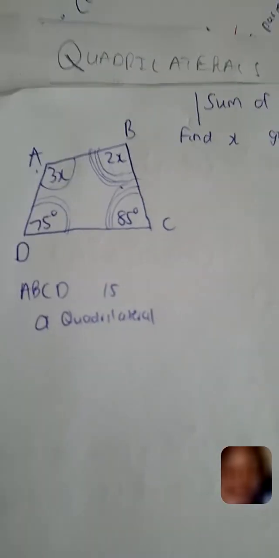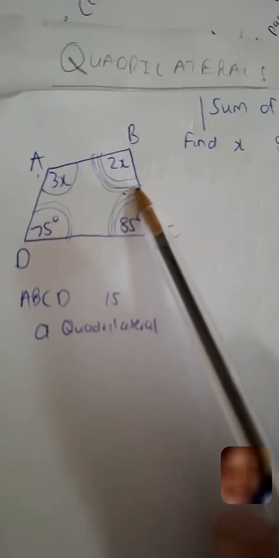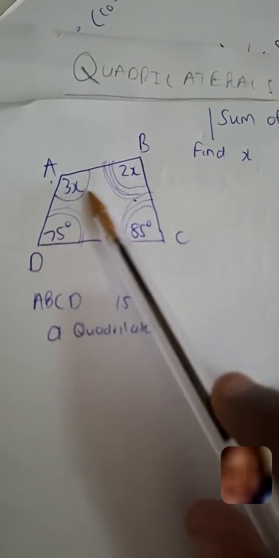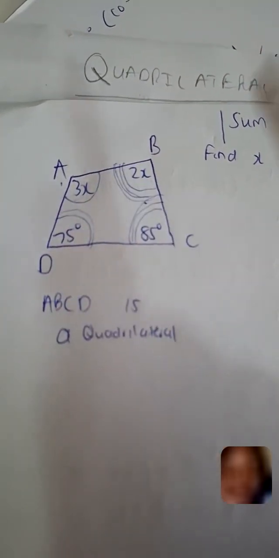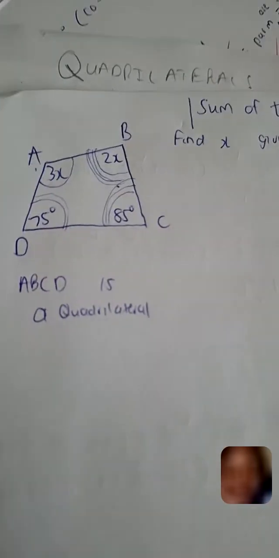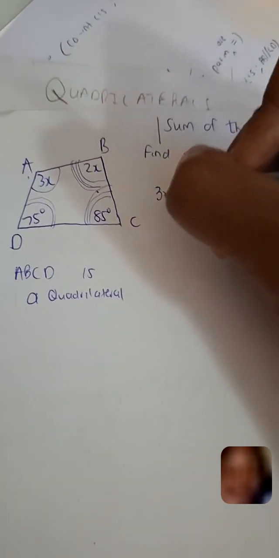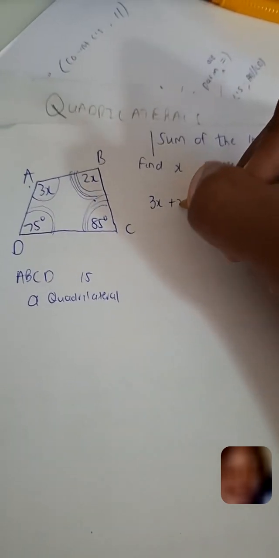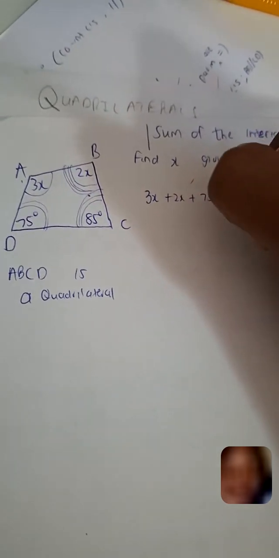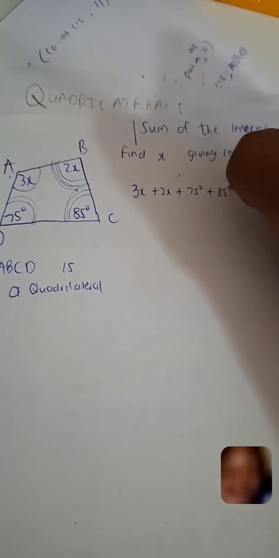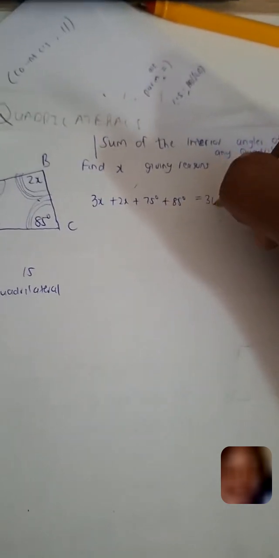So can we then establish, what do we do here? Here we've established that the sum of the interior angles is 360. So what do we do? We add the given angles. So 3x plus 2x plus 75 degrees plus 85 degrees is equal to 360 degrees.